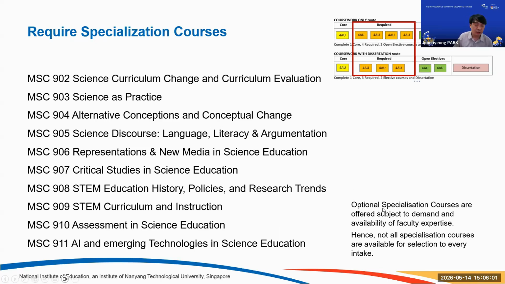These optional specialization courses are offered subject to demand and availability of faculty expertise. Which means that if you join our program, not all specialized courses will be available. So you may need to consider this aspect.